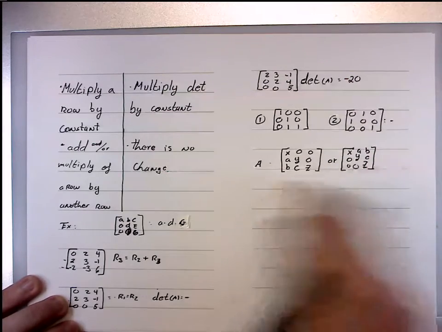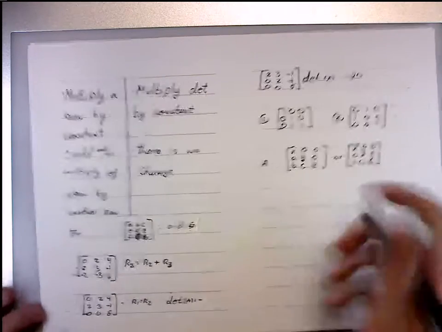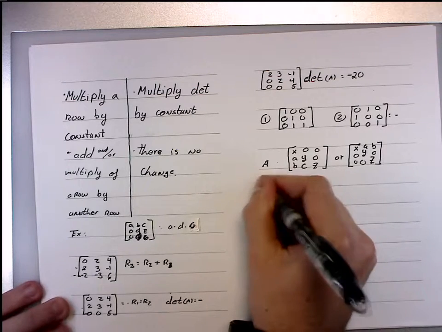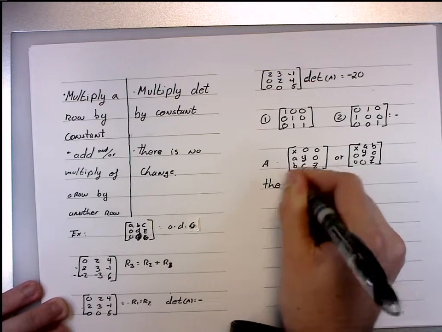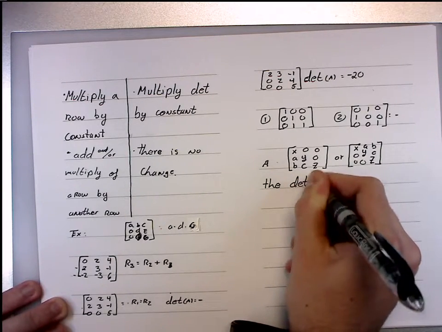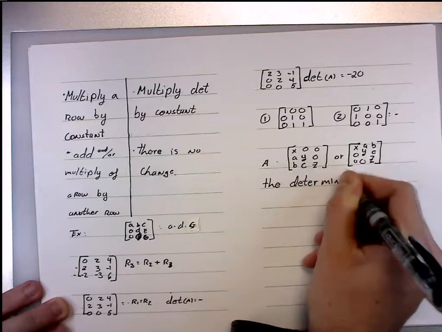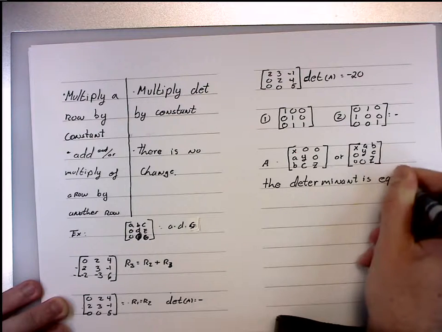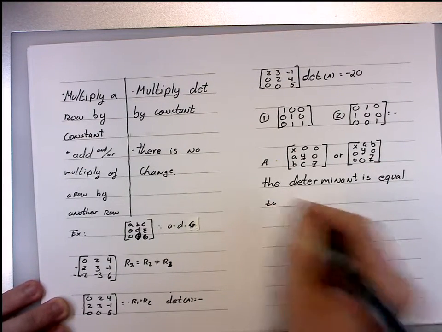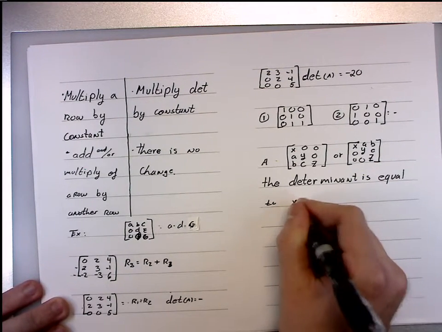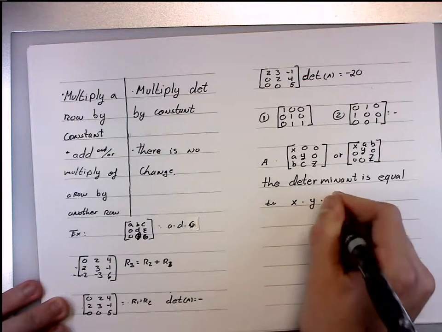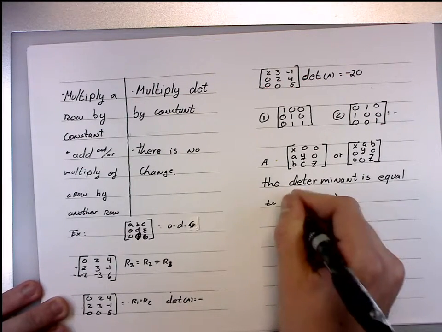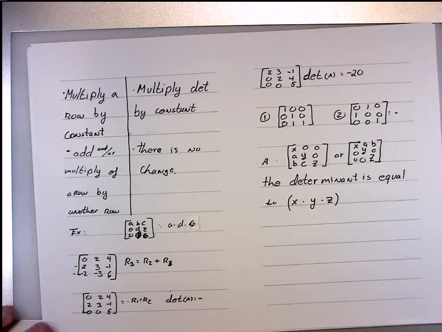For this kind of matrices, always with the triangular zeros here, you're always going to get that the determinant is equal to X times Y times C. So this is the determinant.